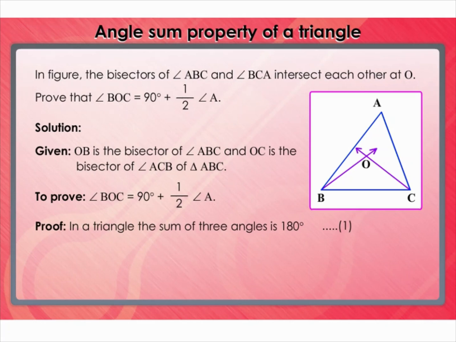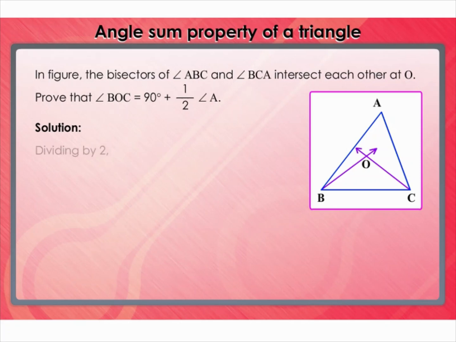In a triangle, the sum of three angles is 180 degrees. In triangle ABC, angle A plus angle B plus angle C is equal to 180 degrees. Dividing by 2, we get 1 by 2 of angle A plus 1 by 2 of angle B plus 1 by 2 of angle C is equal to 180 degrees divided by 2, which is equal to 90 degrees.